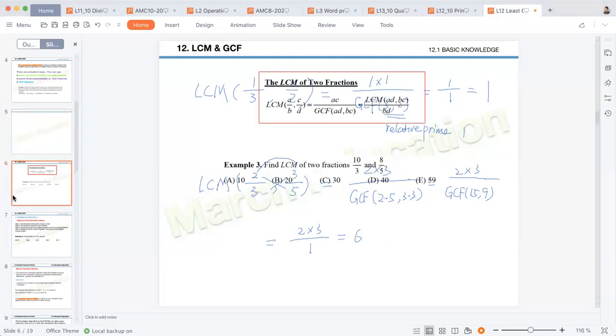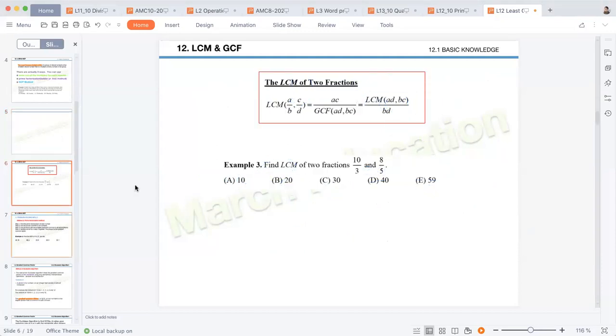Please give me some response. Clear about how to use this? Find the product of the two numerators, and the GCF of AD and BC, the cross product.